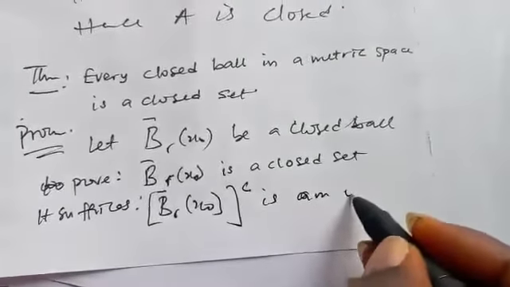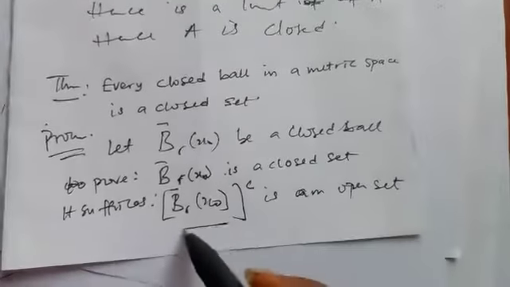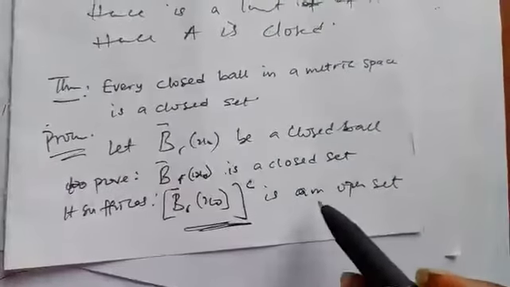is an open set. By the theorem we just proved, a set is closed if its complement is open. So for us to show that this one is closed, it will be better to show that the complement of this thing is open.